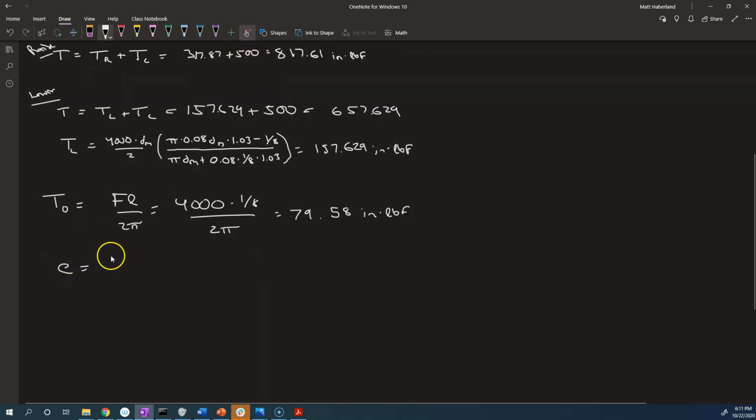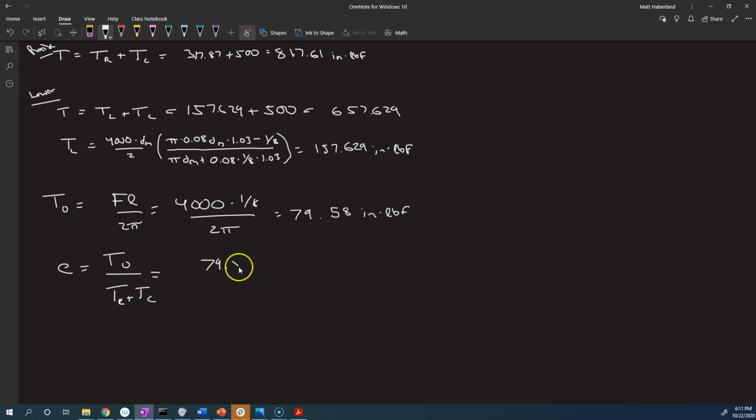We've got the efficiency equal to T naught over the torque for raising, which is TR plus TC. That is 0.0973, which is about 9.73% efficiency. Very low efficiency on these things because of the friction. Even though the coefficients of friction were pretty low, you've got low efficiency.